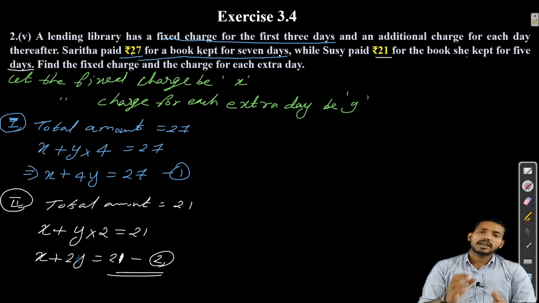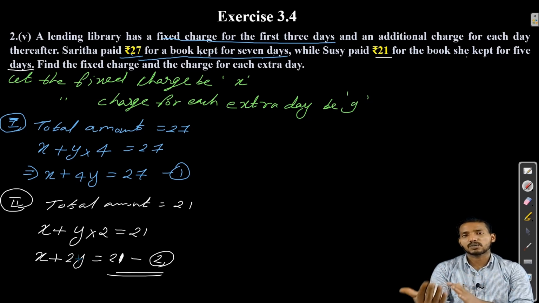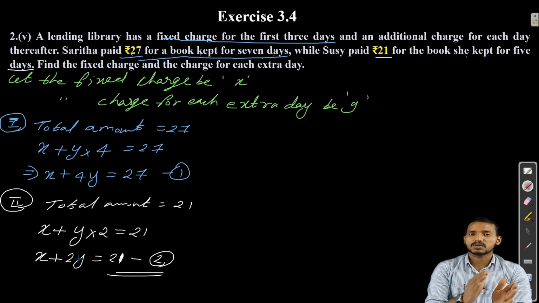And if any one equation is written like X equal to 3Y or 8Y is equal to X, that means one variable is written in terms of another directly, then substitution method will be the convenient method. So depending upon the question, you can choose the appropriate method to solve that particular pair of equations.